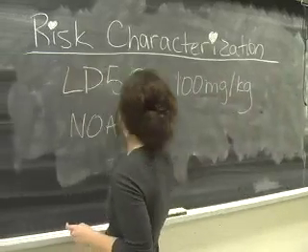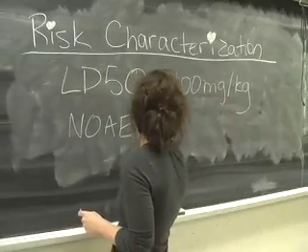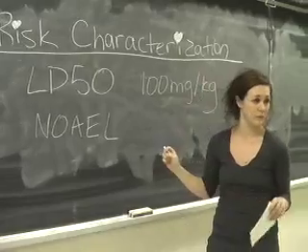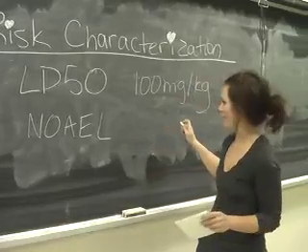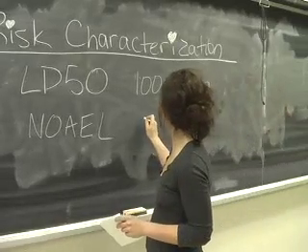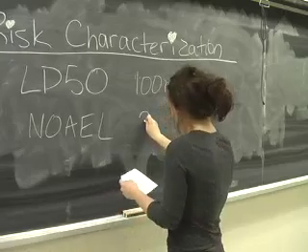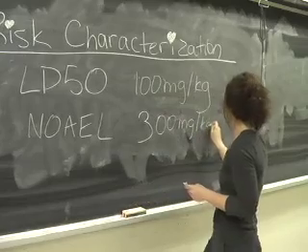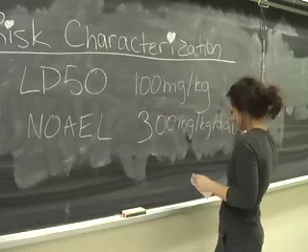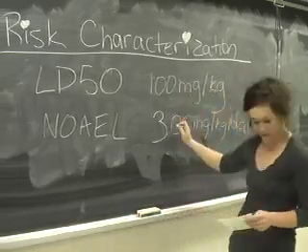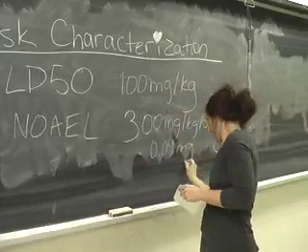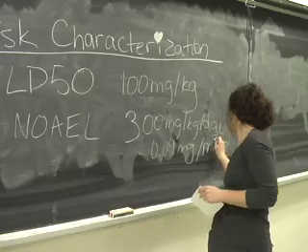The NOAEL is the no observable adverse effect limit, and this is the limit at which there is no observable effect from the dose, which in ingestion in humans is 300 milligrams per kilogram a day. And for eye and nasal irritation, it is 0.09 milligrams per meter cubed.